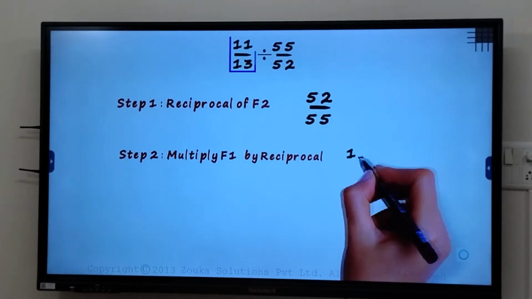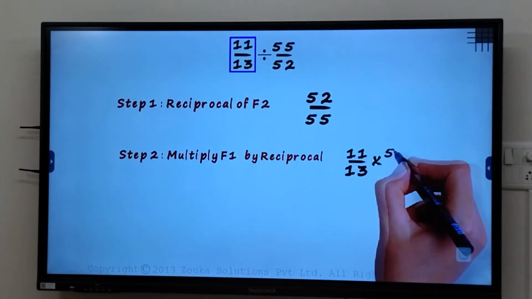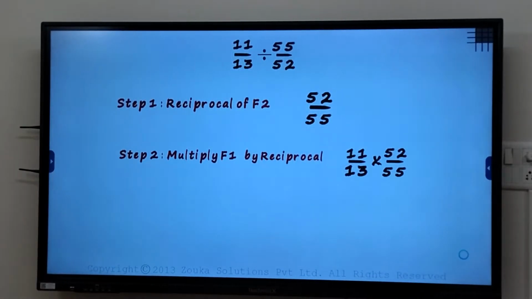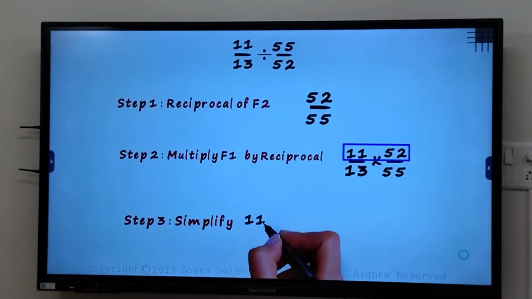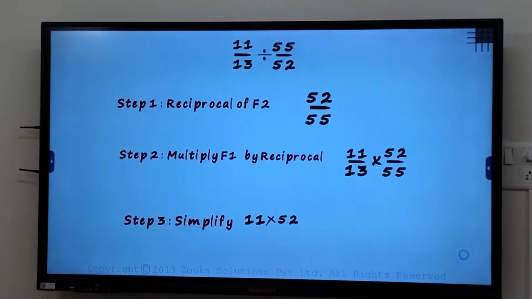We write it as 11 by 13 multiplied by 52 by 55. Now it's a case of multiplication of two fractions. In the third step, we simplify this expression. We multiply the numerators and write it as 11 times 52. Then we multiply the denominators and write it as 13 times 55. Remember, we have to write the final answer in the lowest or the simplest form.